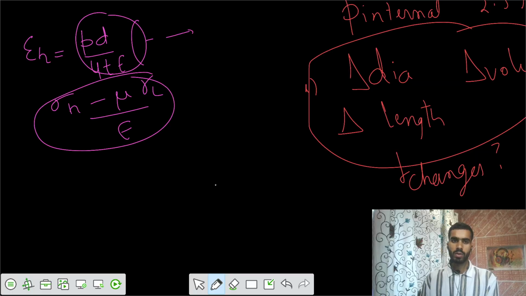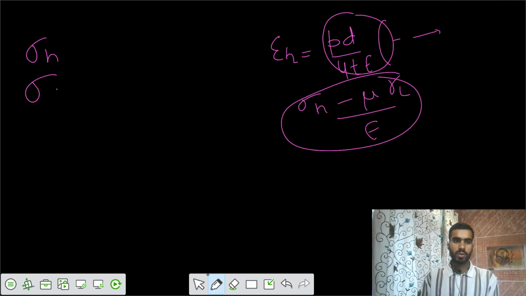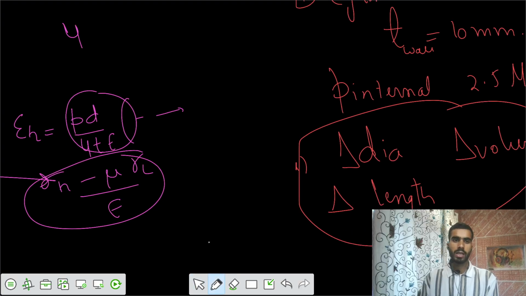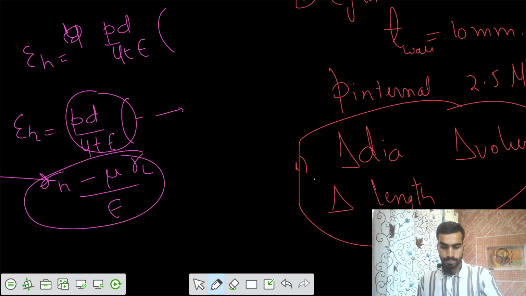Either you can calculate first the hoop stress and longitudinal stress, then substitute in this equation to get the hoop strain, or directly you can use a PD by 4TE result with some factor inside. But we have not derived that; what we derived was the equation for the volumetric strain.